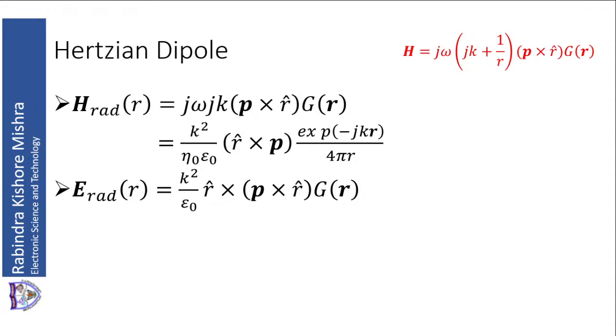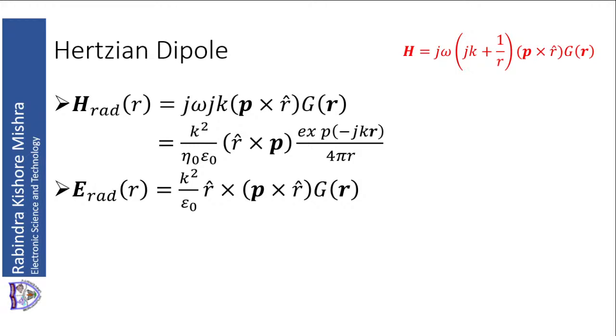Now that we can write as k square, j omega jk. j into j is minus 1, so omega into k. As you know, k is equal to omega into root over of epsilon 0 mu 0, or you can say omega is equal to k by root over of mu 0 epsilon 0. So now omega k we can write as k square by root over of mu 0 epsilon 0.